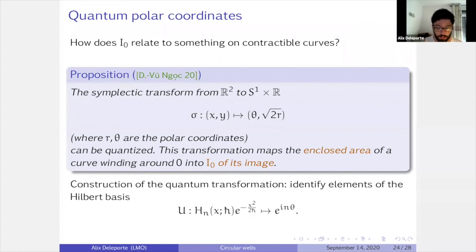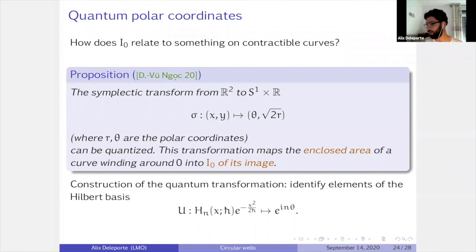You can construct this quantization in a very simple way. You just have to identify the Hilbert basis of the semi-classical quantum harmonic oscillator with the usual Fourier basis of S1. If you do this, this is a nice quantum transformation.